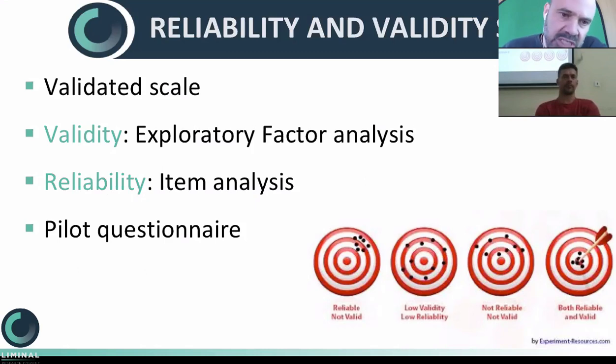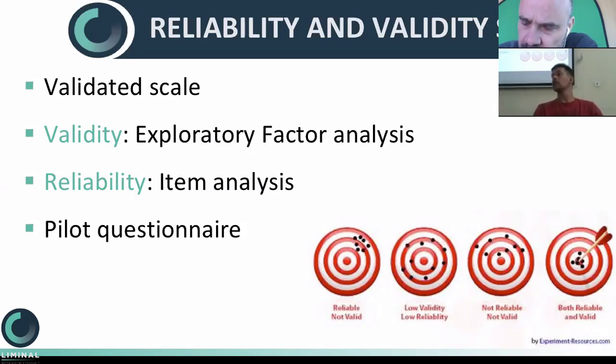There are other measures of reliability also that I now use more, something like composite reliability. Okay, you fine with that? Yes. So the factor loadings for validity, and then the Cronbach alpha for reliability. There's one question.